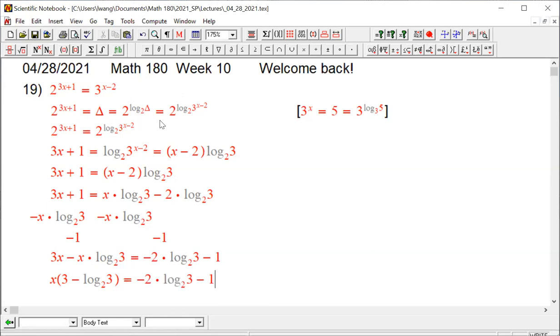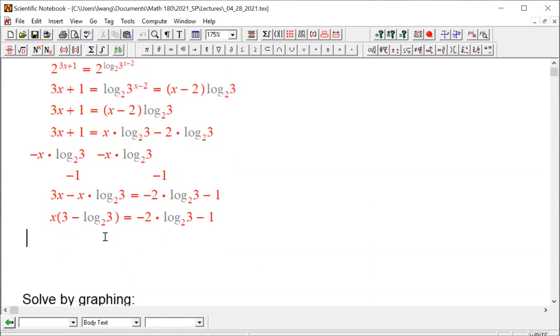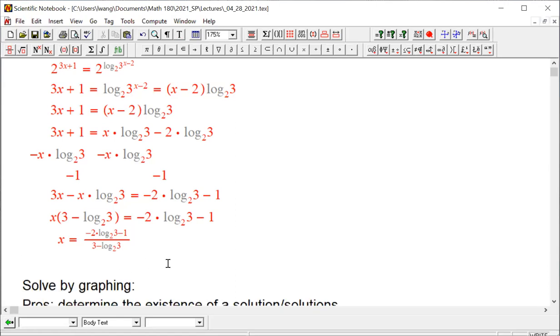I'm just copying and pasting. In the end, you divide both sides by the parentheses, and you get a different looking solution, but it is still a solution. And this solution is going to yield the same answer as the other one. In fact, if you do the change of base formula, you're going to get the one we got the first time.